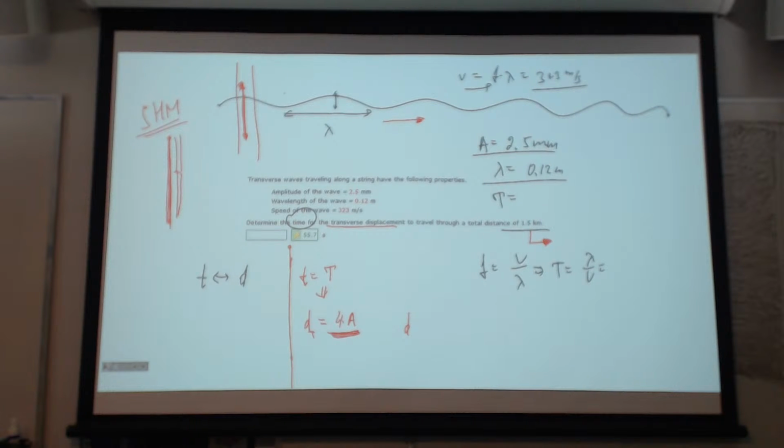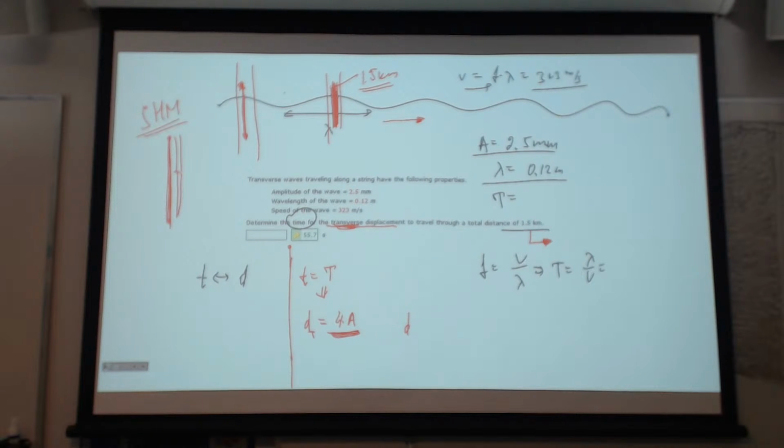In one period it travels 4 amplitudes, and I'm trying to relate that to the horizontal distance. There is nothing horizontal here. This is a transverse displacement. This point, which you're looking at, moves up and down, up and down. I can do it for a long time, but eventually the total distance traveled is equal to 1.5 kilometers.